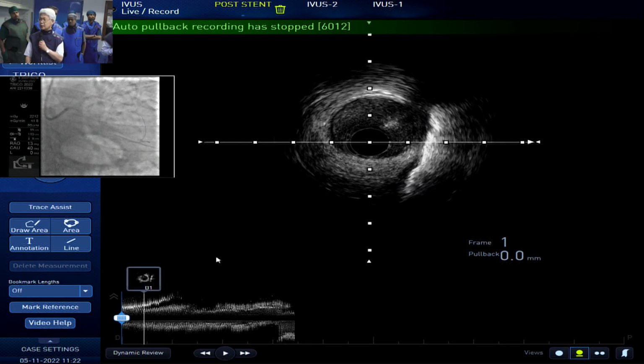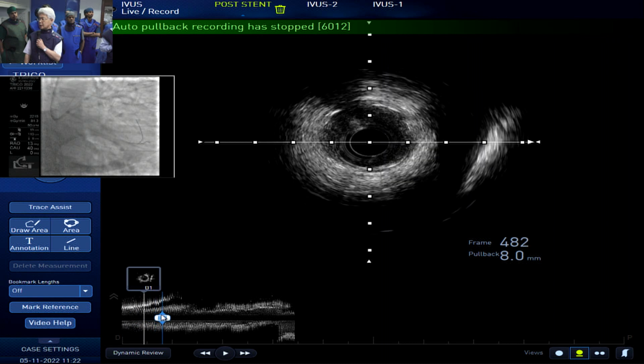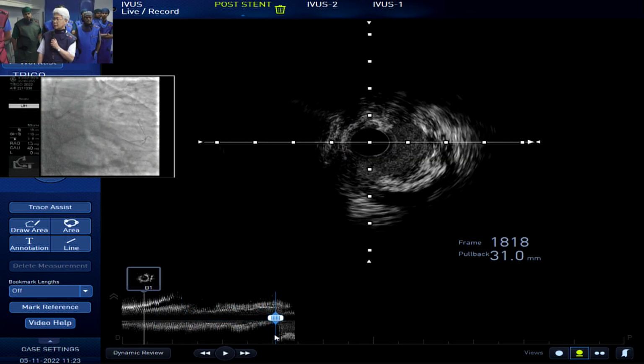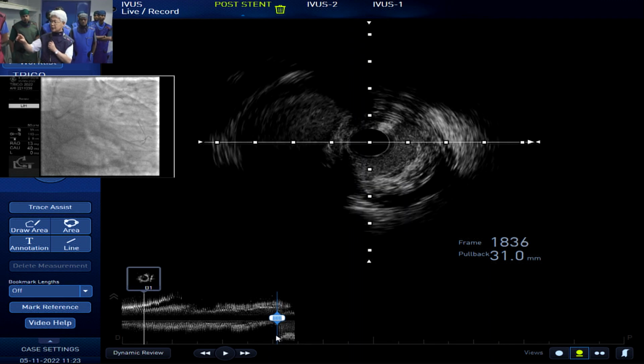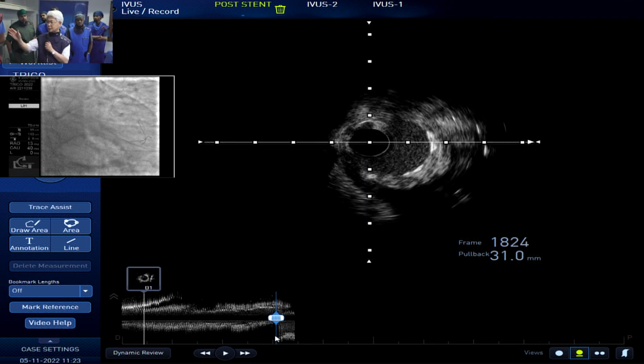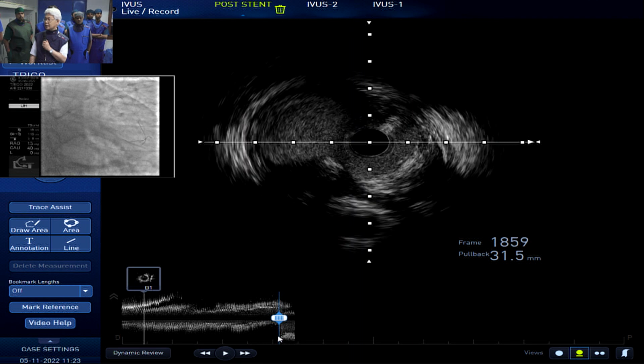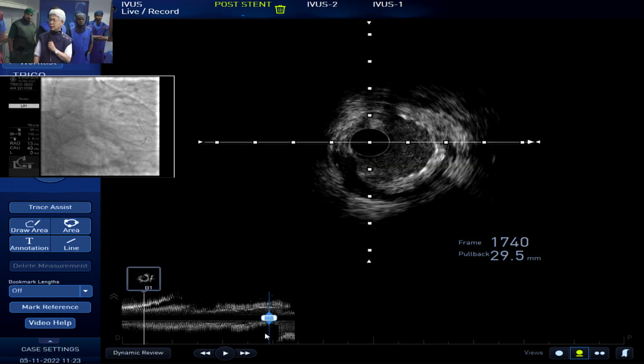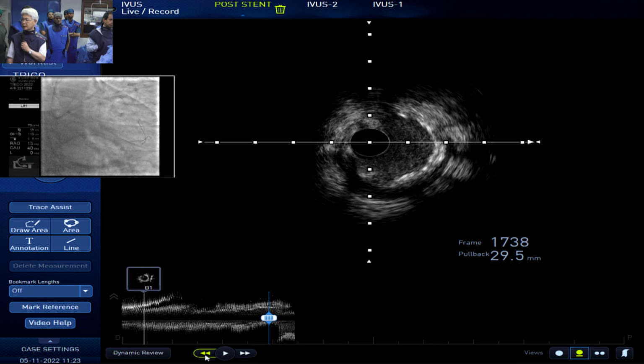No proximal edge dissection as well, and at the bifurcation there is some plaque. I want to change the wire position.